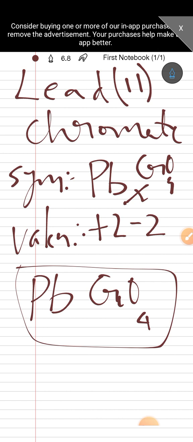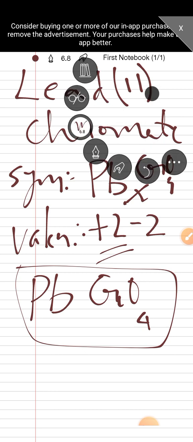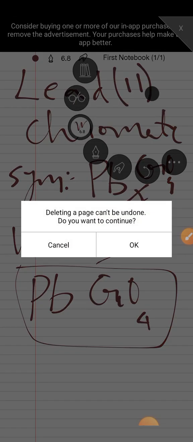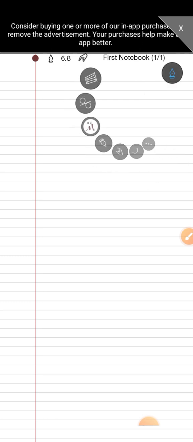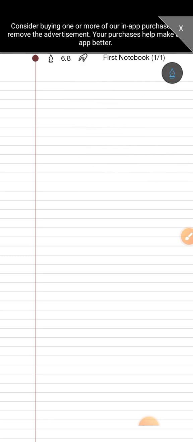So when I say lead(II), it means that I should be writing valency as plus 2. And we all know lead is a metal, so lead will always be giving electrons. So it is electropositive, that's why it is plus 2. So this is one hint for you to understand how to write the chemical formula with oxidation number given.